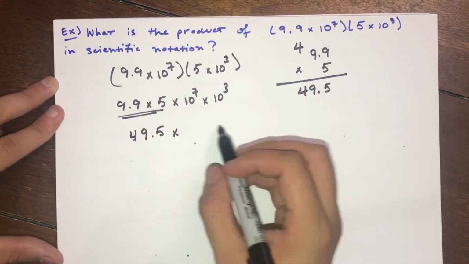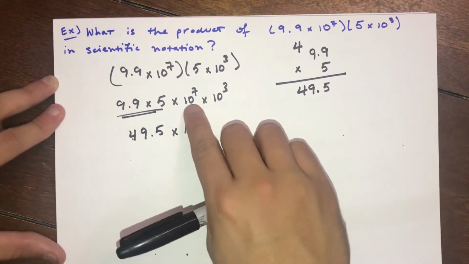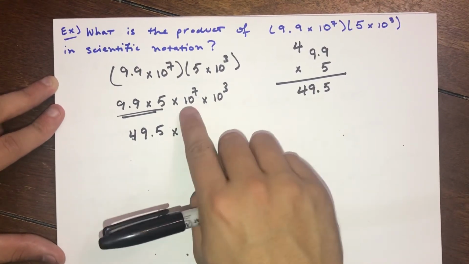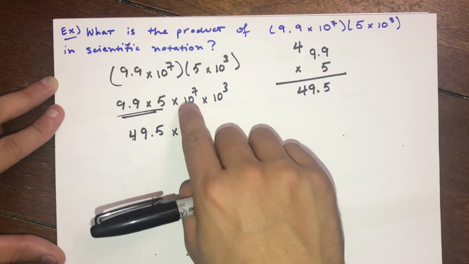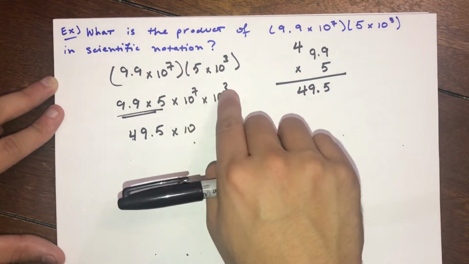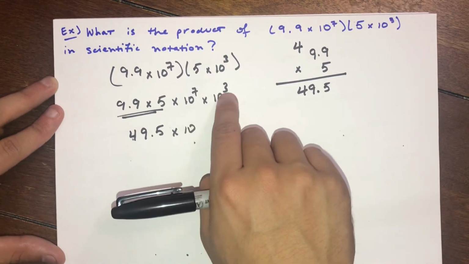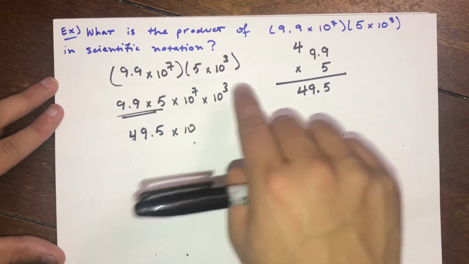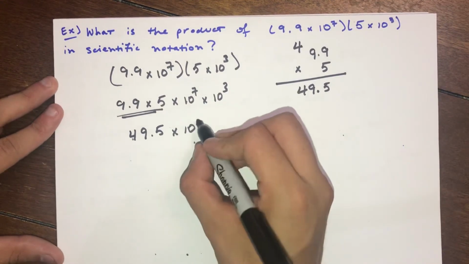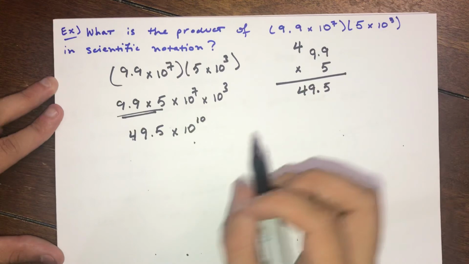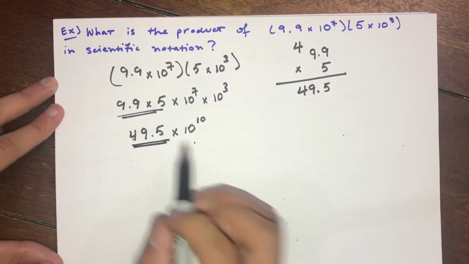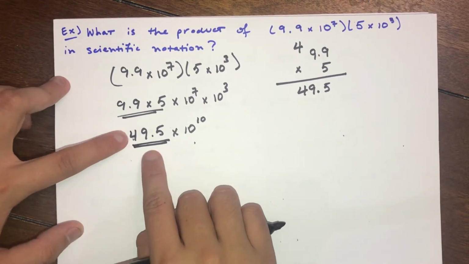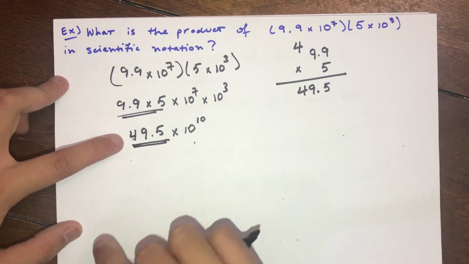So we'll get 49.5 times 10 and 10. We have the same base, and we're multiplying, so we can add their exponents, using laws of exponents. 7 plus 3 is 10, so we'll get times 10 to the 10. But note, this number is not in between 1 and 10, so we have to do the same thing we did in the last example.